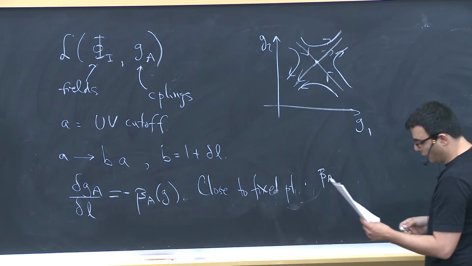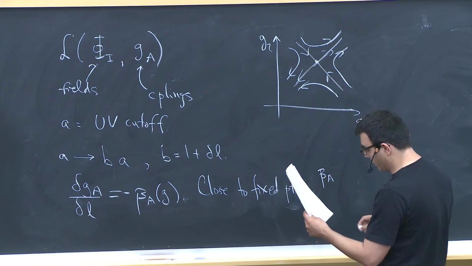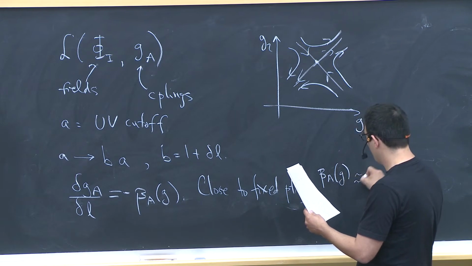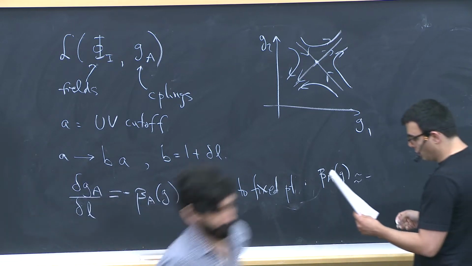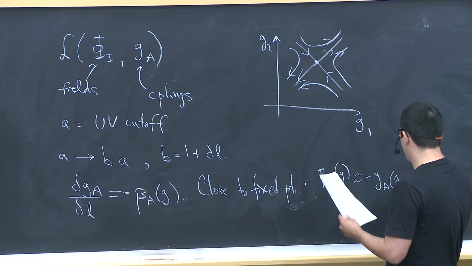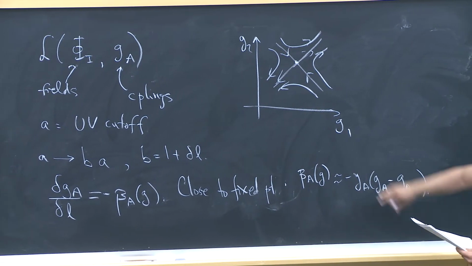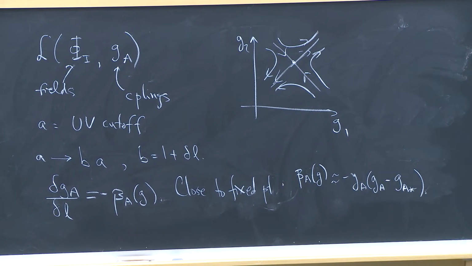So close to it, they're linear in the difference between the value of the couplings and the value of the couplings at the fixed point. So beta_a of g would be, for an appropriately chosen set of couplings, we can write this as minus y_a times g_a minus g_a at the fixed point. In general, here we can have a matrix, but we can diagonalize that matrix.